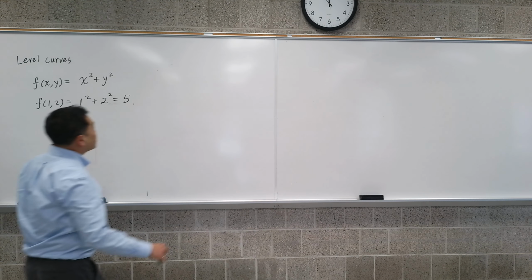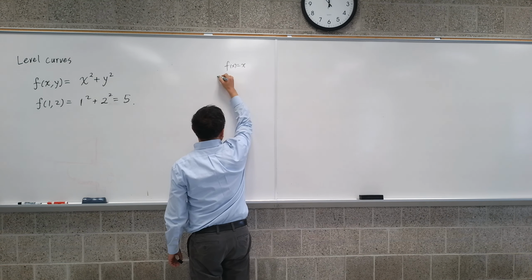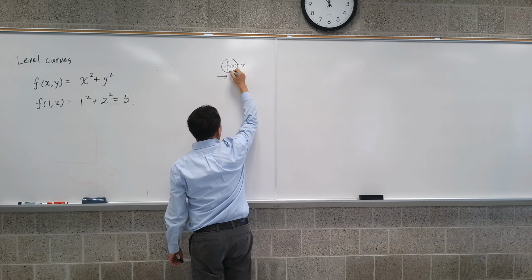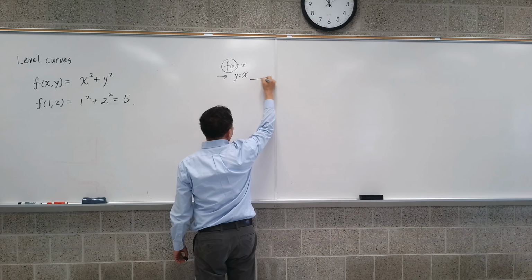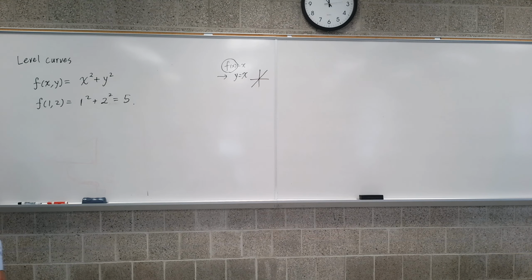Now, if you recall, when you had f of x equals x, the way we drew this was by replacing f of x by y, and we drew the graph of y equals x, and that's how we got the graph of the function, right? In the same way, we have to replace this by some variable, but we can't use y because y is already used.